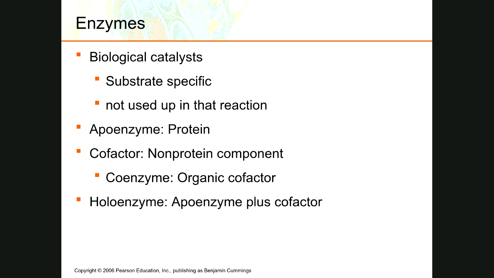Hydrogen bonds, van der Waals forces, ionic bonds, all those kinds of things are what make the active site of an enzyme specific for only one kind of substrate, because that substrate will fit to the active site and also be able to make all the necessary chemical interactions.